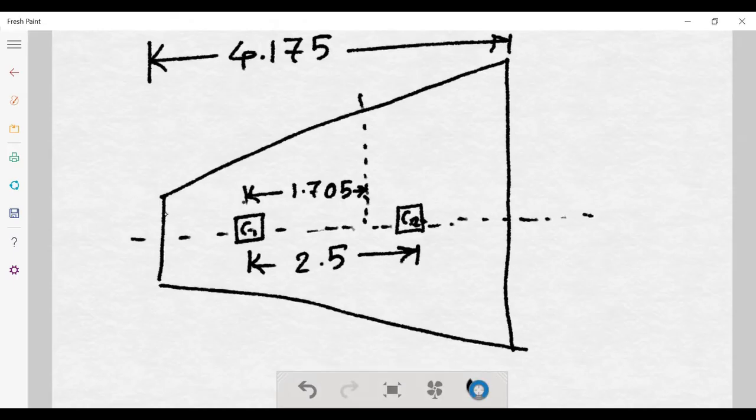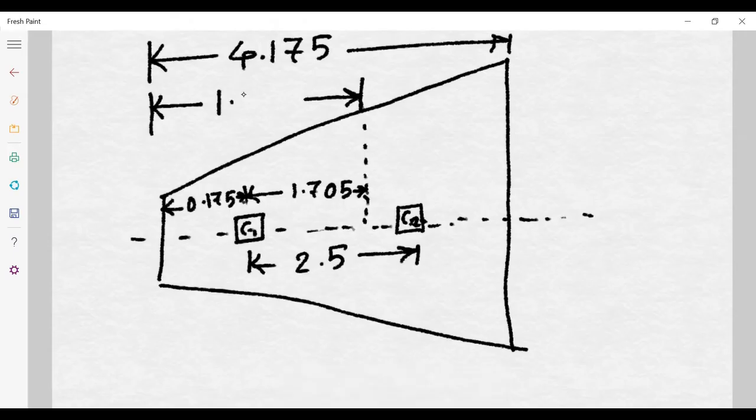This we know is 0.175. So what is this location? It becomes approximately 1.88.